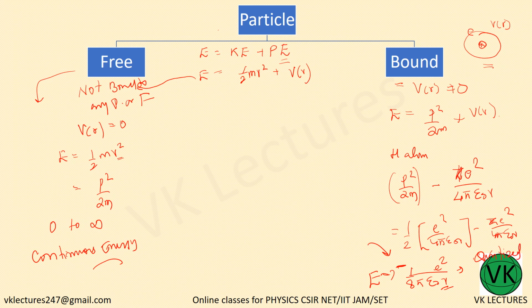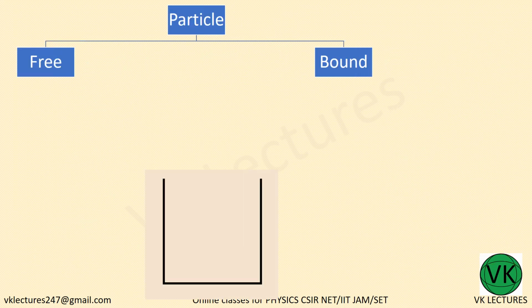So the energy of a bound particle is always quantized, while that of a free particle is continuous. Now, for a free particle we have seen the energy is continuous, and for a bound particle the energy is discrete.